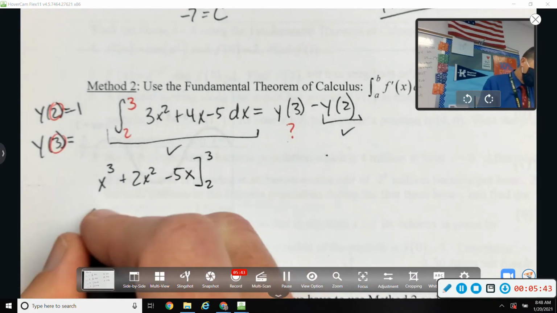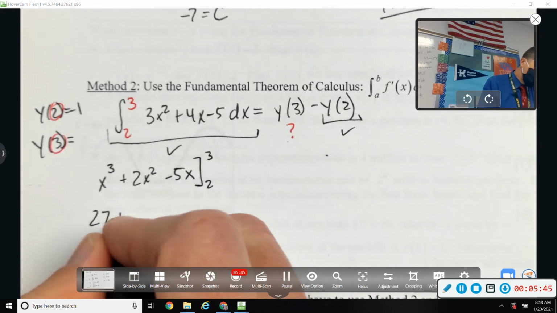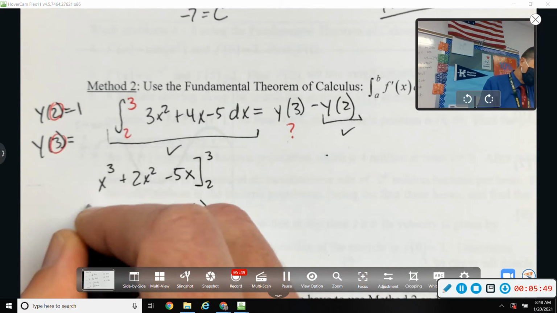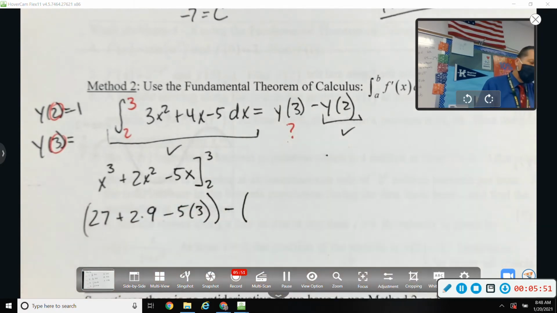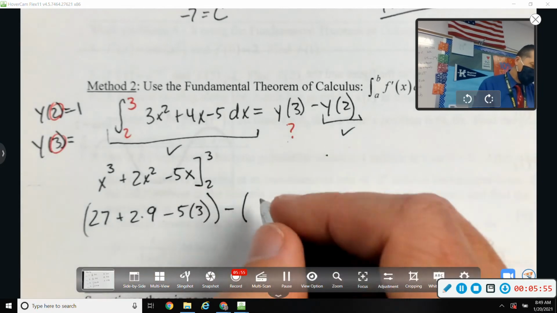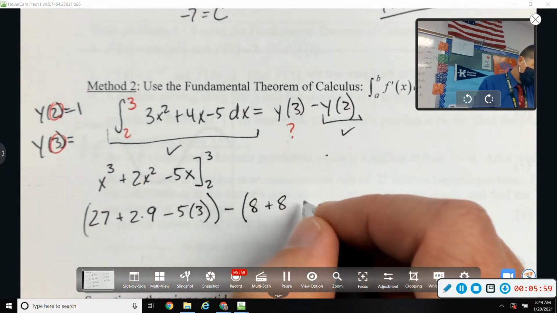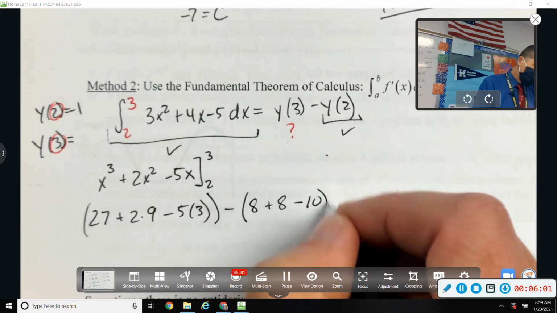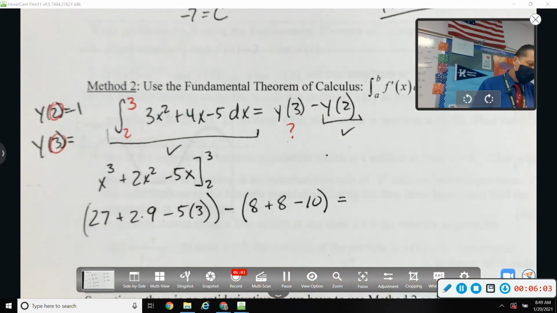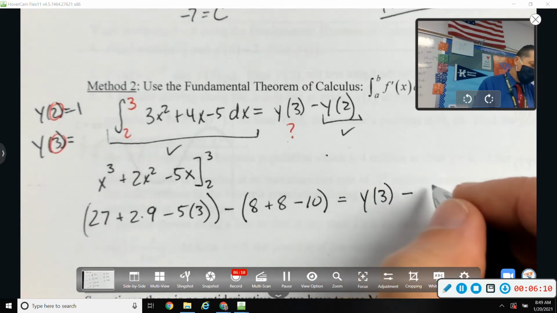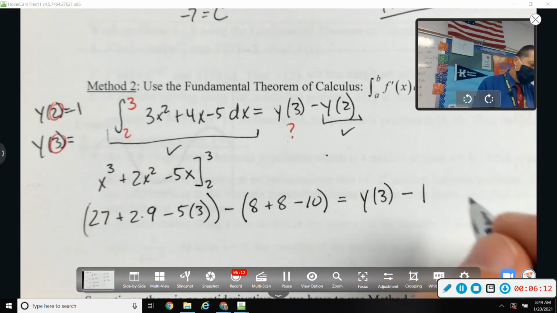So if I plug in 3, that would be 27 plus 2 times 9 minus 5 times 3, minus, plug in 2, 8 plus 8 minus 10, equals y of 3, which is what we're looking for, minus y of 2, which is negative 1.